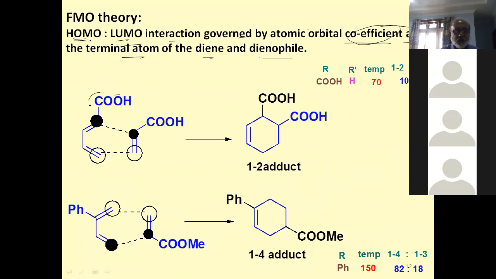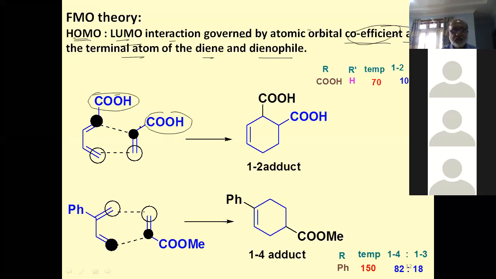Now, when this is COOH here, and this one is also COOH here in the diene, what is the COOH group? It is an electron withdrawing group, here also an electron withdrawing group, so it is going to withdraw electrons. The terminal lobes are antisymmetric here and also antisymmetric here. This is the HOMO, antisymmetric at the terminal atom, and the LUMO is also antisymmetric. But in which way should they combine?